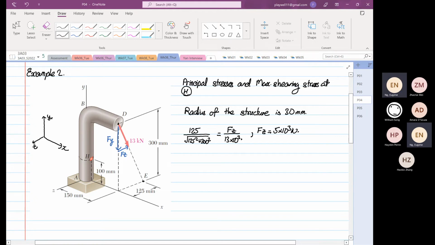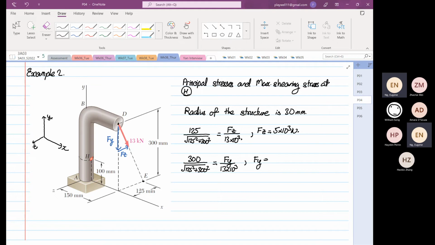Then for Fy, it is 300 over the square root of 125 squared plus 300 squared, equal to Fy over 13 times 10 to the power 3. So Fy is equal to 300 divided by the square root of (125 squared plus 300 squared), times 13 times 10 to the power 3, which is 12,000, so 12 times 10 to the power 3.